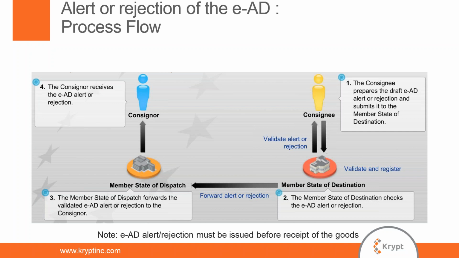And that alert would start from the consignee. The member state of destination would know about the cancellation. They don't want to continue with the movement. The member state of destination sends the message back to the member state of dispatch, and the consignor would finally know that their electronic administrative document has been rejected by the consignee, and they won't continue with the goods receipt of the excise goods.